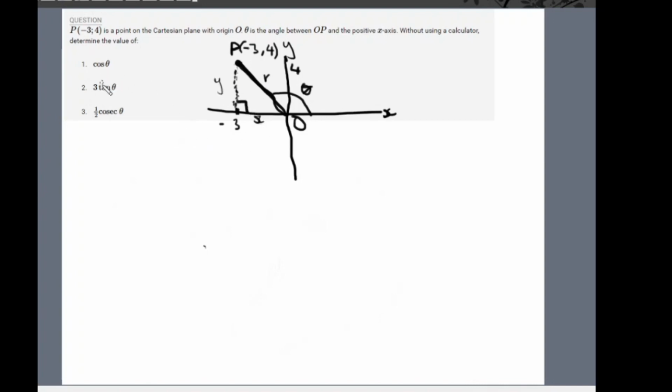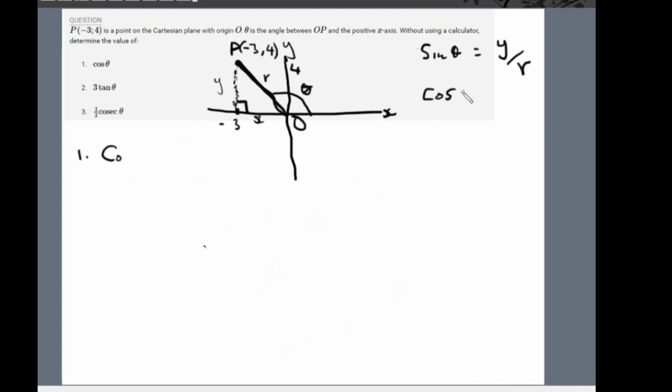And then the way we defined these trigonometric ratios, when you go to question 1, remember we said when we work on Cartesian planes, sine theta is equal to y over r.